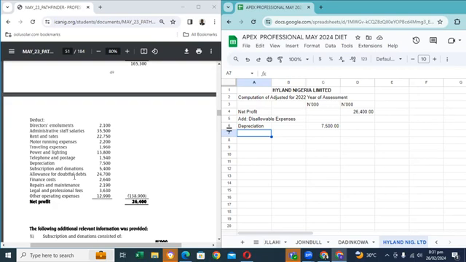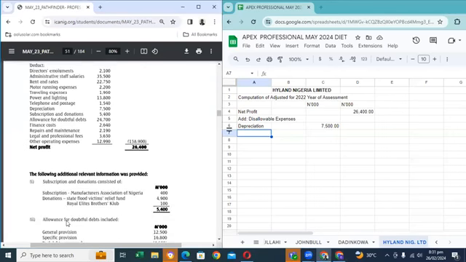Allowance for doubtful debt is allowed. Finance cost is allowed. Repairs and maintenance is allowed. Legal and professional fees is allowed. Operating expenses is allowed. But let's check the breakdown. Now, we're told that subscription and donations include subscription to Manufacturers Association of Nigeria. It is allowable, right?